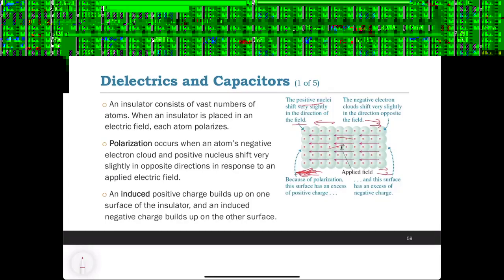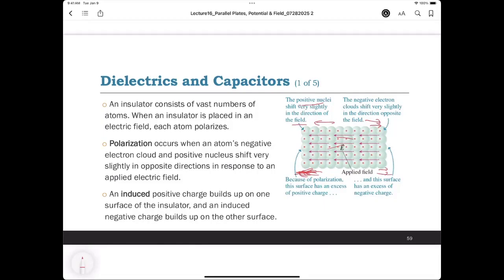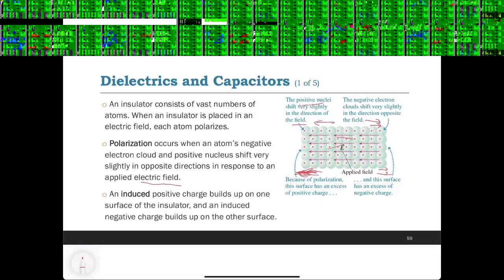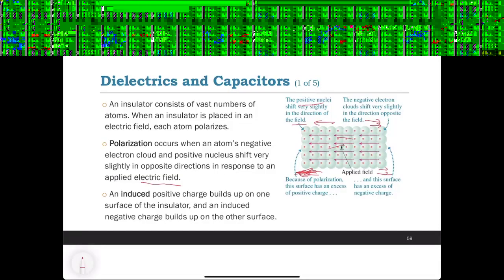So this polarization occurs when an atom's negative electron cloud and positive nucleus shift very slightly in opposite directions in response to an applied electric field. An induced positive charge builds up on one surface of the insulator, and an induced negative charge builds up on the other surface. This is just the process of dielectrics.